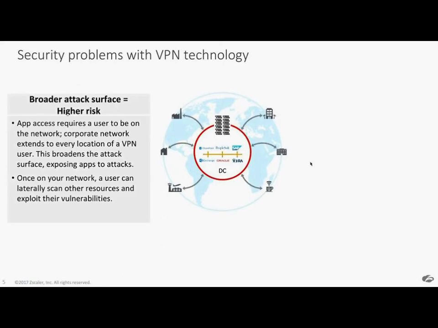There's an inherent security problem as well. By providing a VPN, I'm extending my network to these third parties, to these users that are off my network. And so, once the user is connected via a VPN, they have lateral movement in my network. They can move and access every single application that's available. And yes, there are mechanisms to restrict this.